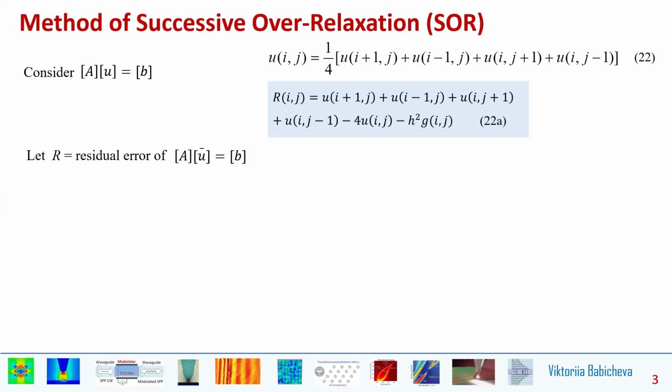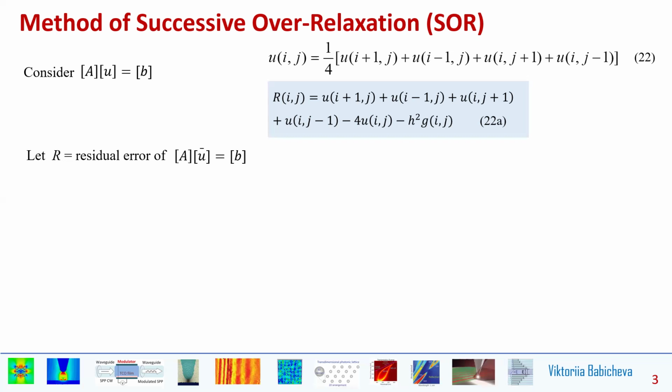We now introduce the notation r for the residuum of this equation formulated for the node ij. In general, the value of the residuum r can be negative, positive, or 0. And of course, equation 22 is exactly satisfied at node ij if r is 0.